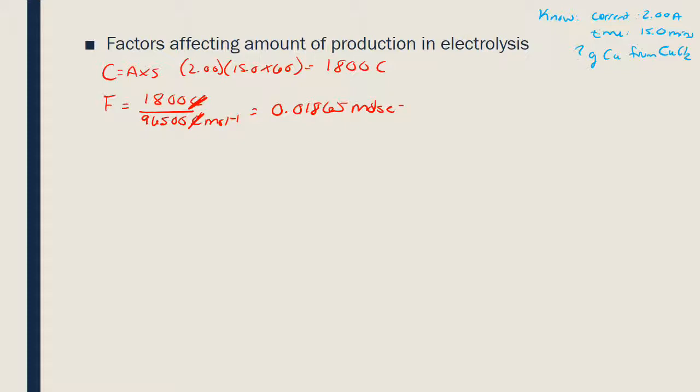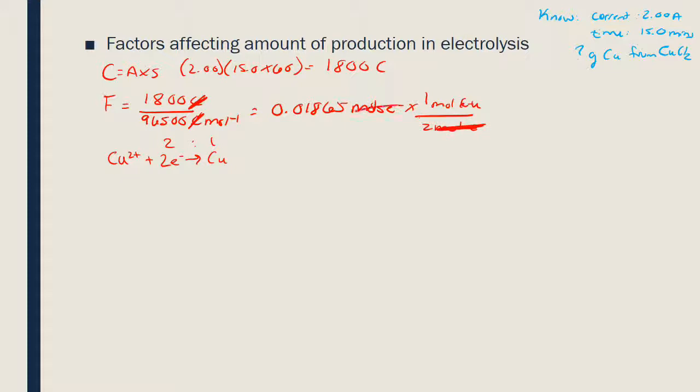Now, just so we know how many electrons we're working with, let's write this half reaction real quickly. Copper 2 plus is being reduced with 2 electrons to create copper solid. So for electrons to product, we have a 2-to-1 ratio. That means we need to multiply by 1 mole of copper per 2 moles of electrons.